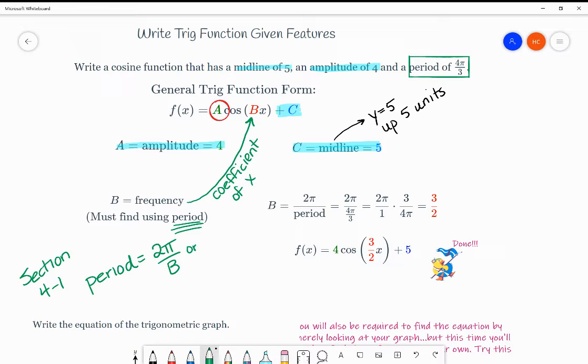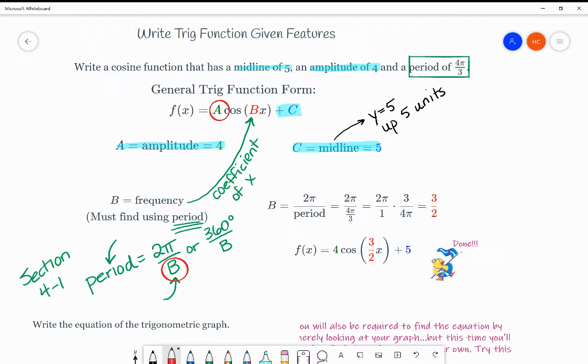Or if it was in degrees, we were doing 360 degrees divided by our b. Now what's happening is that instead of us looking for period, I'm asking you to find frequency. So we have to rewrite our formula whereby we isolate our b value.